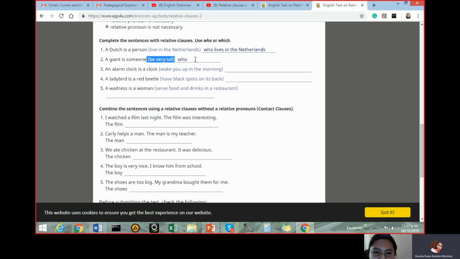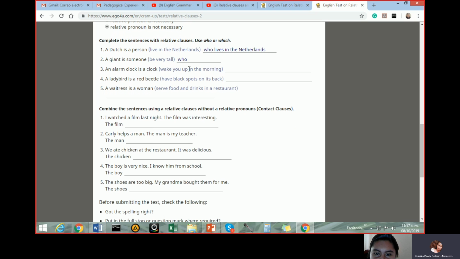Ya, sino que no sé, pero se desconfigura bastante. Incluso yo miro que usted está escribiendo arriba y está abajo. No sé. Okay, in this case, again: someone who is very tall. Yes, very good.